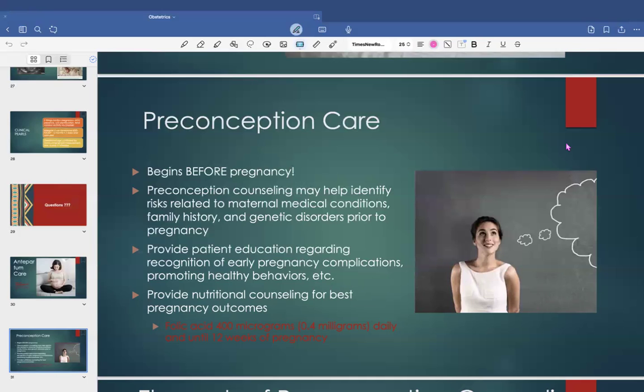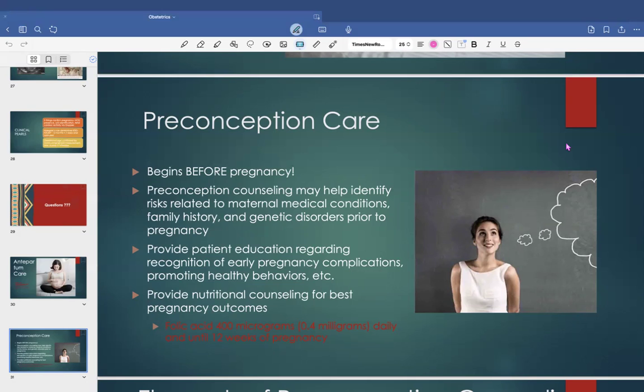Why do we do it for all women of reproductive age and not just those who want to become pregnant? Because most pregnancies are unplanned. About half are unplanned. You should know folic acid is recommended at that level, 400 micrograms daily.